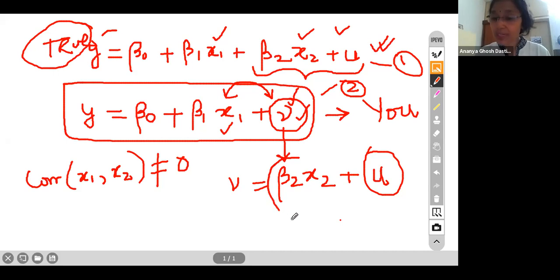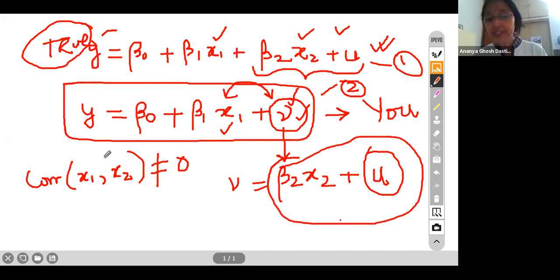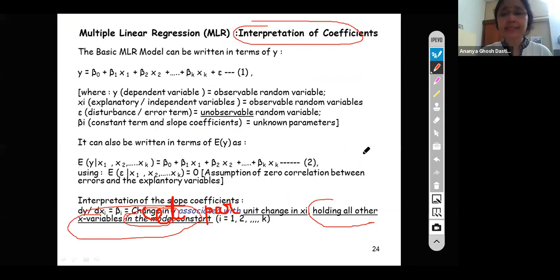It is actually beta 2 X2 plus U. And if there is correlation between X1 and X2, then in model 2, the errors will get correlated with the explanatory variables, violating the assumptions of our regression model. So do you see that is going to be something pretty problematic.